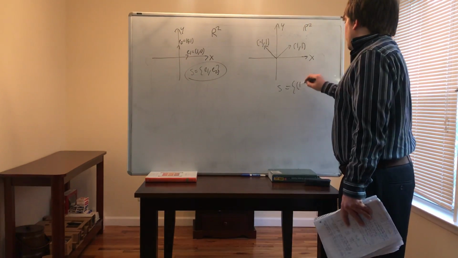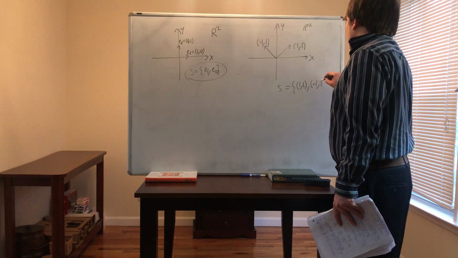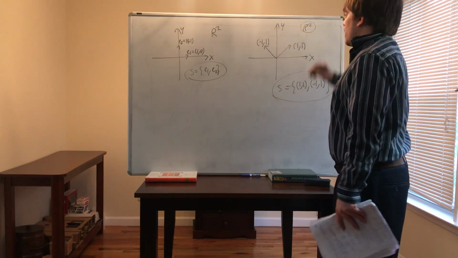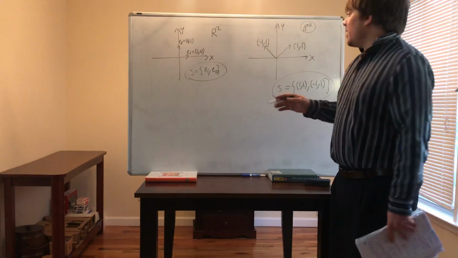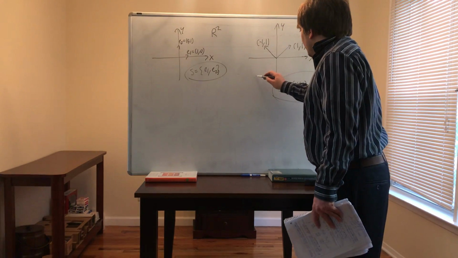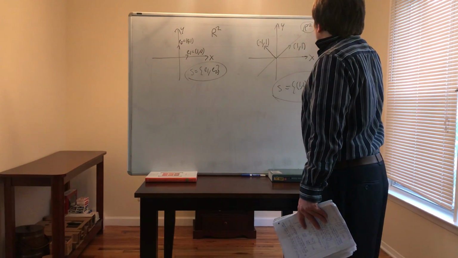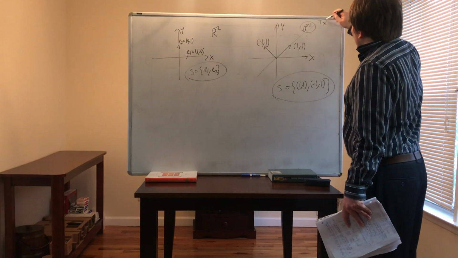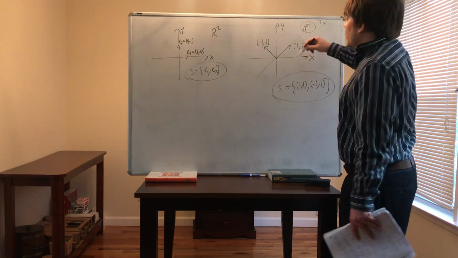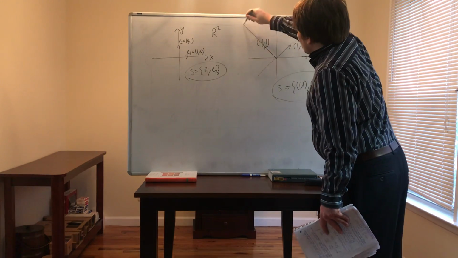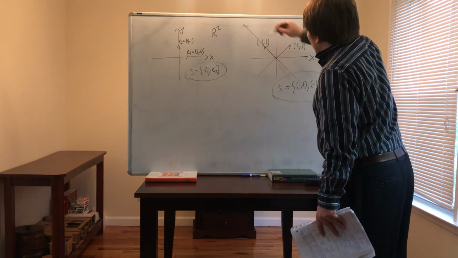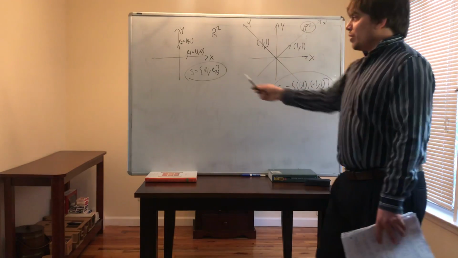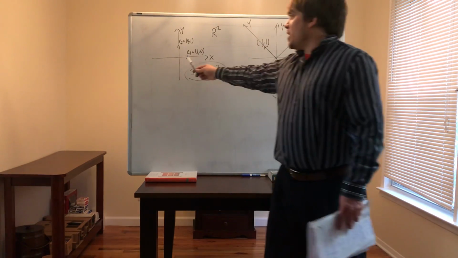Then the set of vectors (1, 1), (-1, 1) would also be a basis for the same vector space R2. I can think of the lines going through those two basis vectors, one axis being x prime going through (1, 1), and the other axis being y prime going through the other vector (-1, 1).